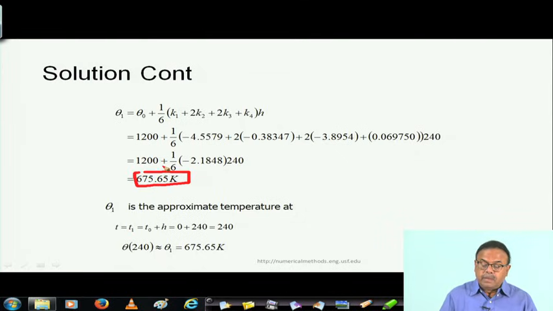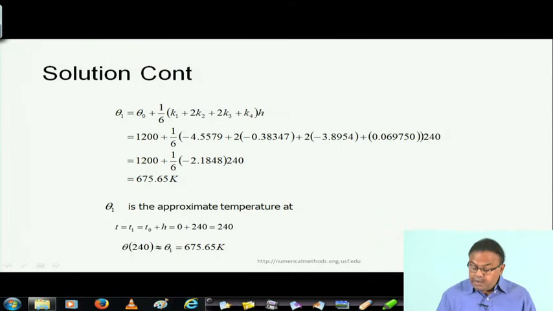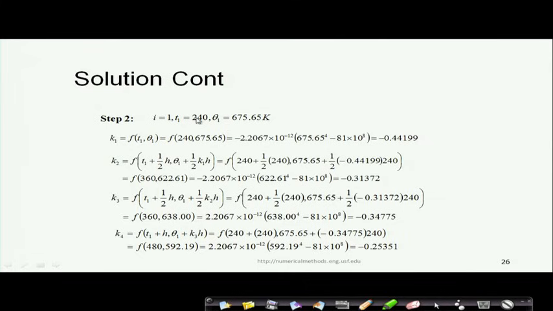That is the approximate temperature at 240, so this will be the value at 240. Next, I have to find out at 480. So, what would I do? Step 2, I have taken at half point, I found out now my initial value theta 0 is changing.